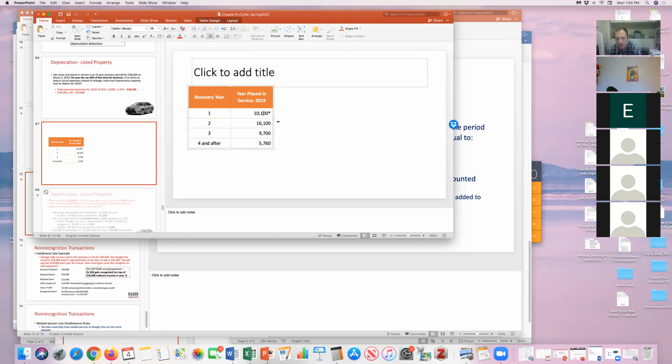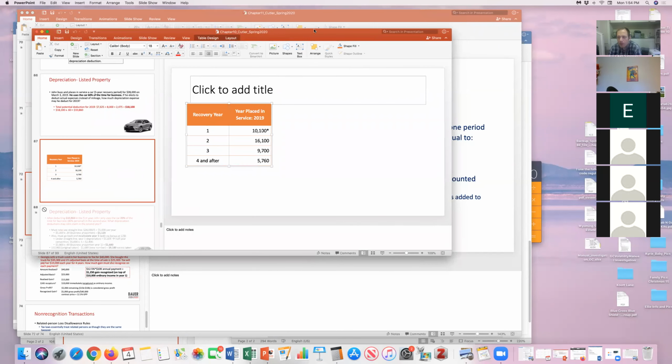Since even with 179 you're still capped at 10,100, oftentimes it wouldn't make sense to do 179. Although if your car was cheap enough, then you could do 179 to bring yourself up to the max.